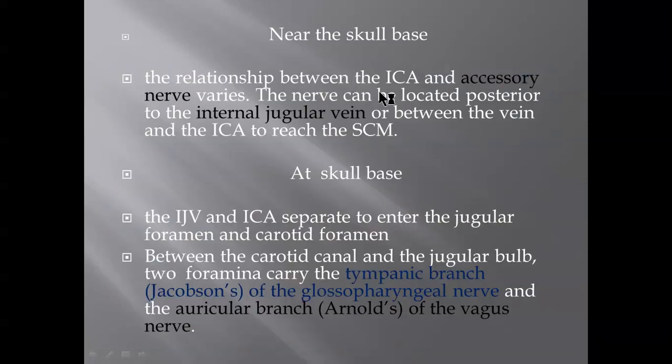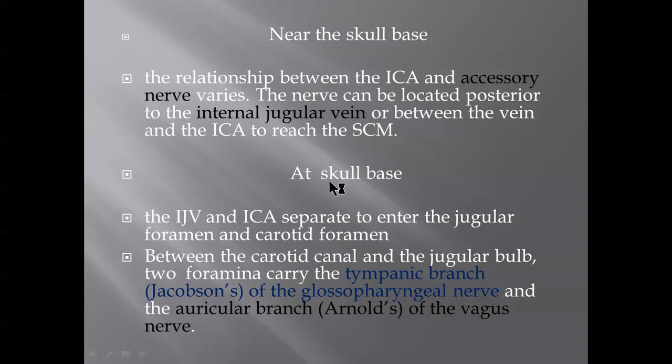Now, just as the internal carotid artery is about to reach the skull base, there are a few different points which we must be familiar with. One is the relation of the ICA to the accessory nerve, when it's almost about to reach the skull base.